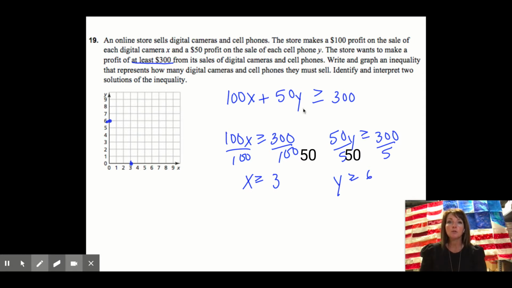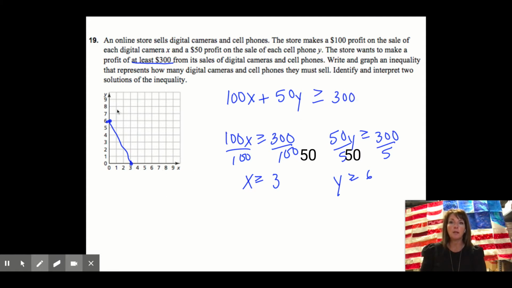And then because it's greater than or equal to, I know that I can draw a straight line, right? And these are like a finite set right here, okay? Because we're talking about a real life application, negatives don't have any meaning in this problem. But we want to know what other combinations could solve this, and we know that it can be greater than or equal to 300.